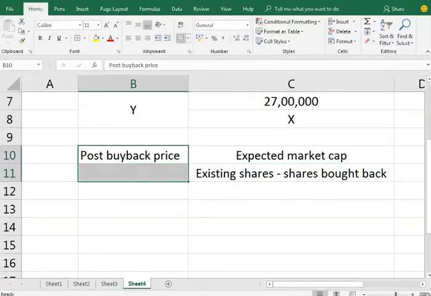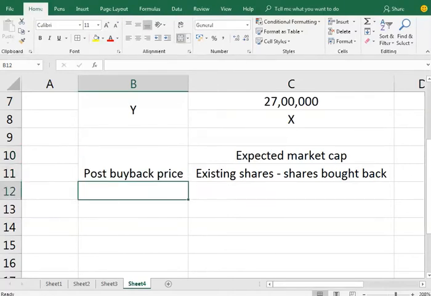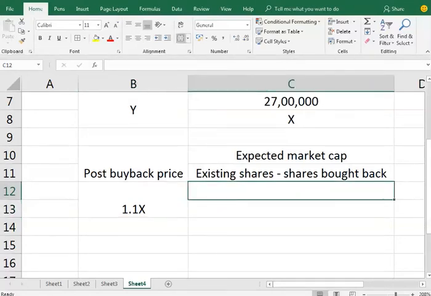My post buyback price according to the question is 1.1x, 10% higher than the buyback price.